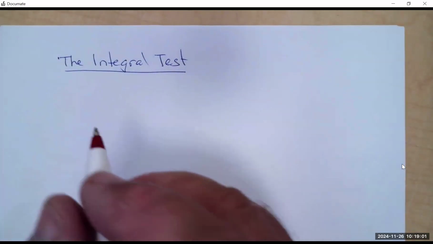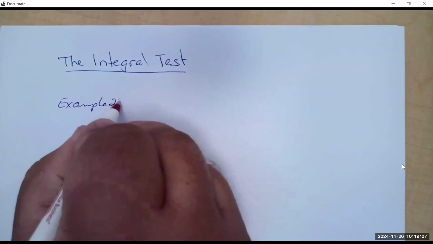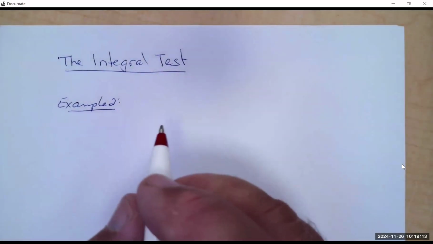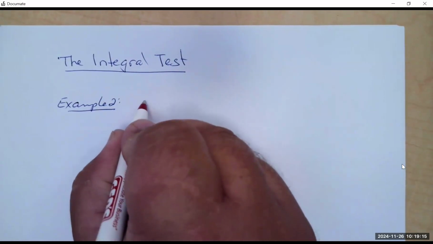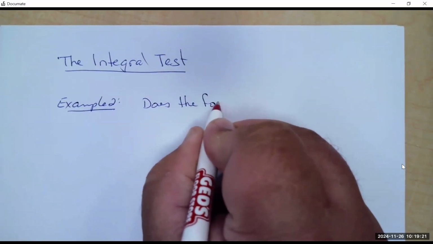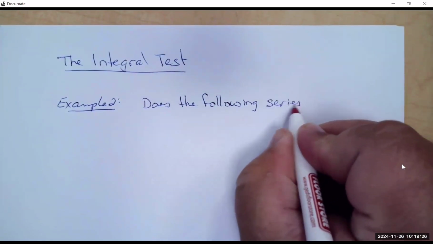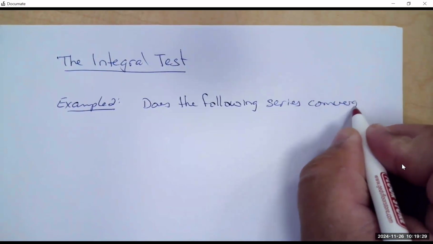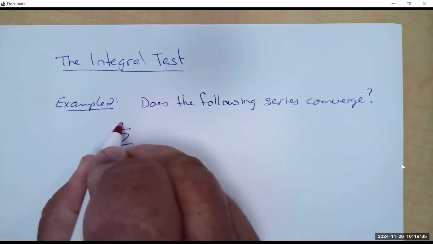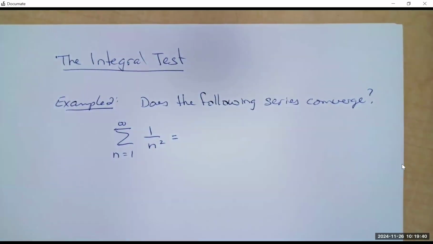So example 2, and we'll talk about this in a second. Does the following series converge? So we have the summation of n equals 1 to infinity of 1 over n squared.